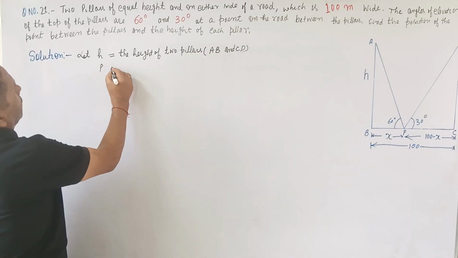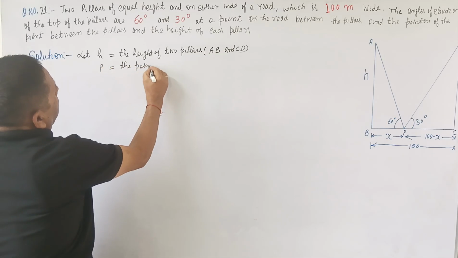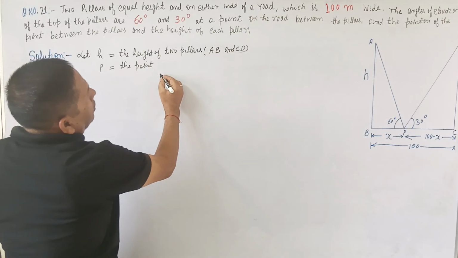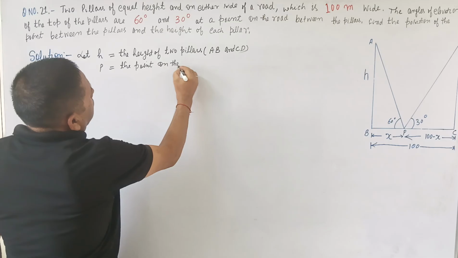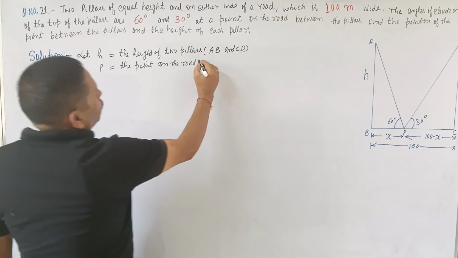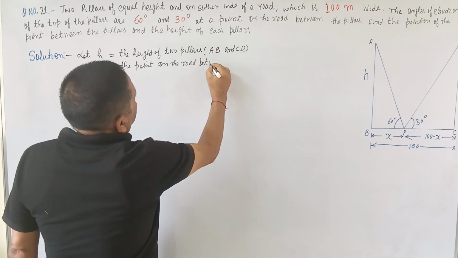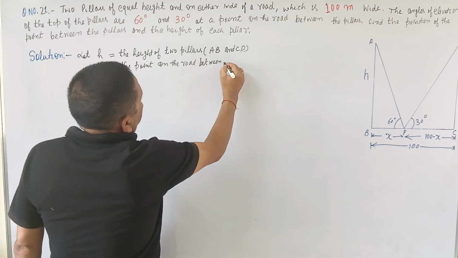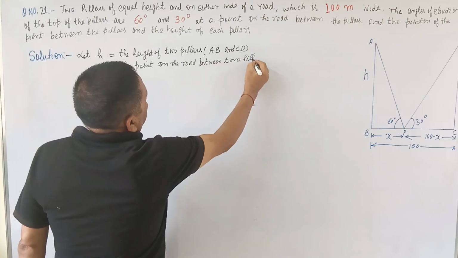P is the point on the road between the two pillars.